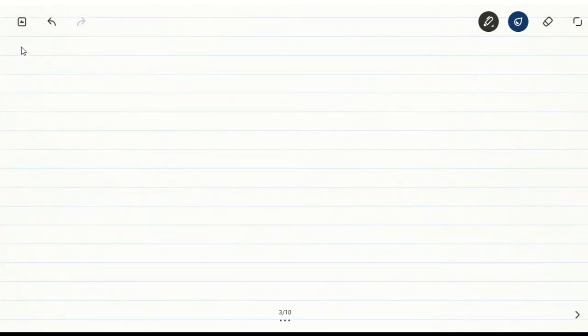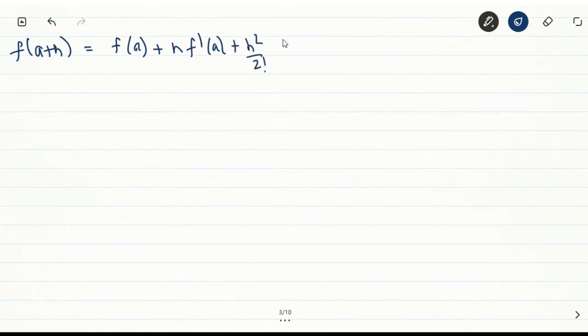So f of a plus h will be equal to f of a plus h into f dash at a plus h square upon 2 factorial into f double dash at a plus and so on.